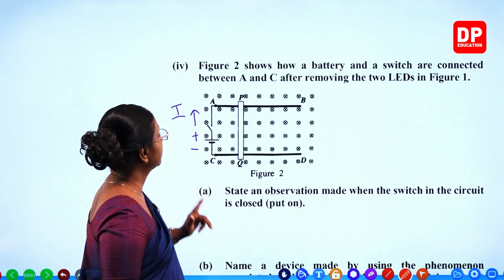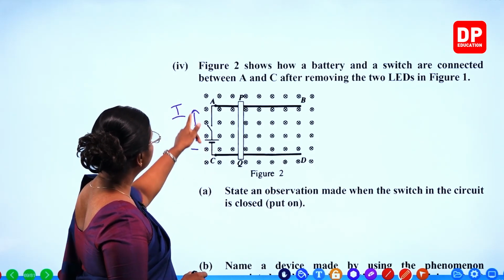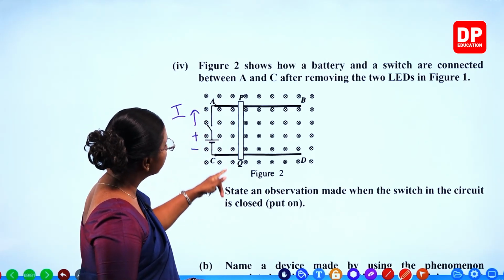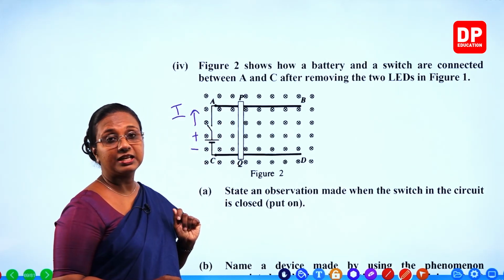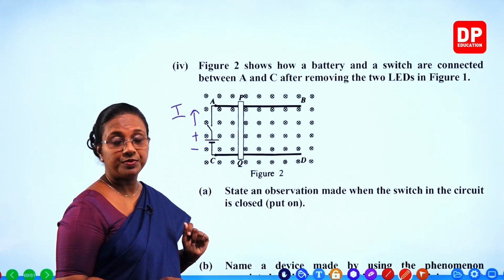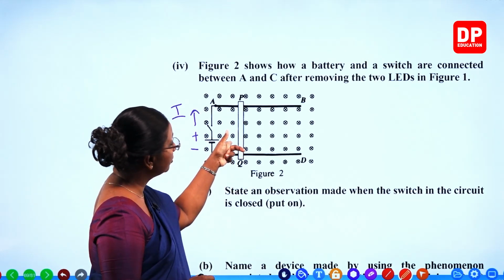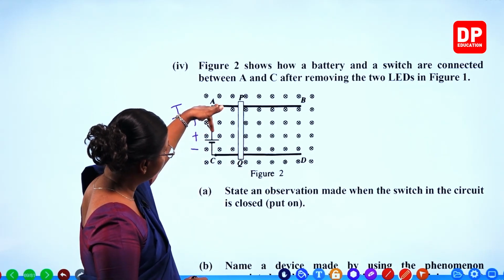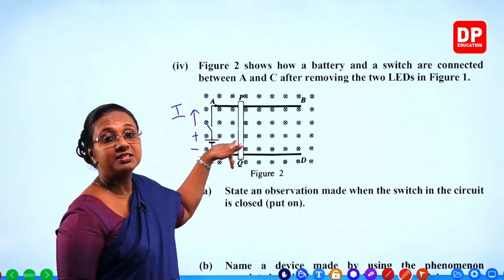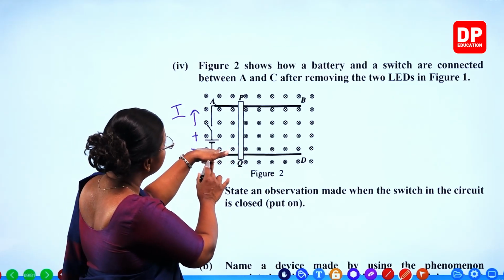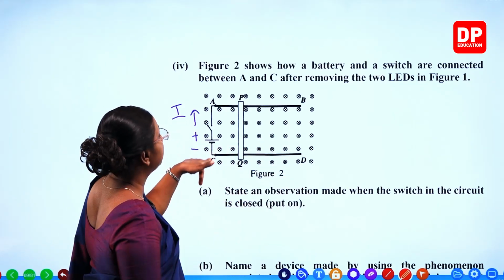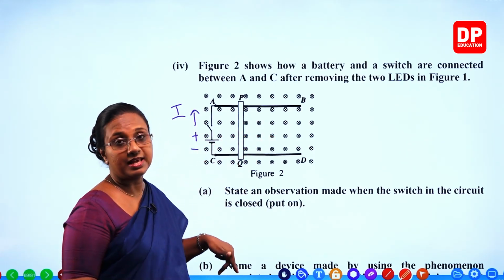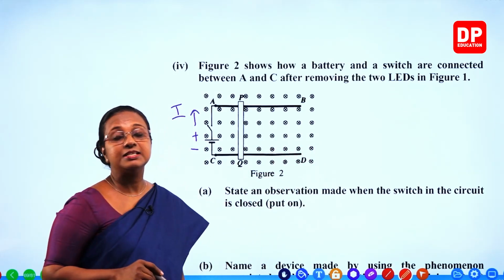So, when the switch is closed, what will happen? Like I told you all, current will flow from A to P, Q, C. So, through the conductor, current will flow in the direction P to Q. Magnetic field is into the plane, whereas the current flow is downwards. Then what is the direction of the force? It is from P towards B, or A to B direction, towards your right side.